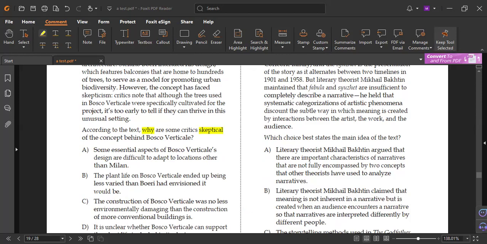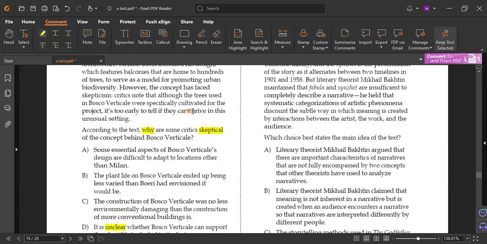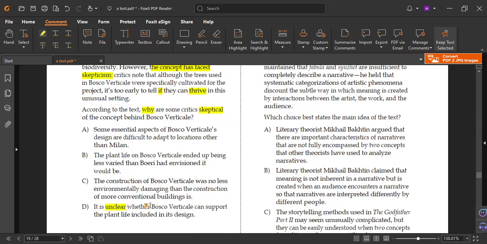So we found it must be letter D. Yes, it is unclear that it can support the plant life, because he mentioned that here. Your main focus must be here, because he said the concept has faced skepticism. So my answer must be D. He said it's too early to tell if they can survive or not.